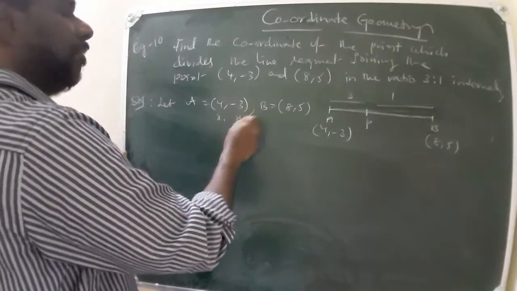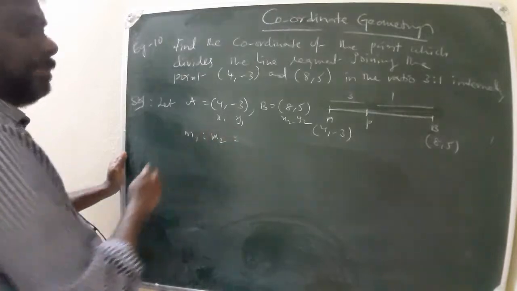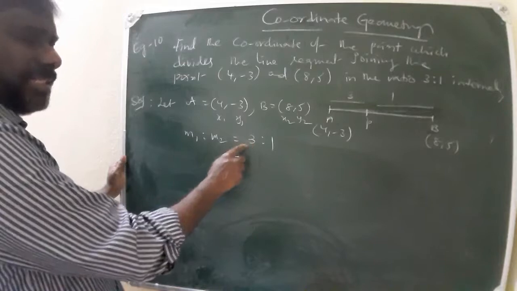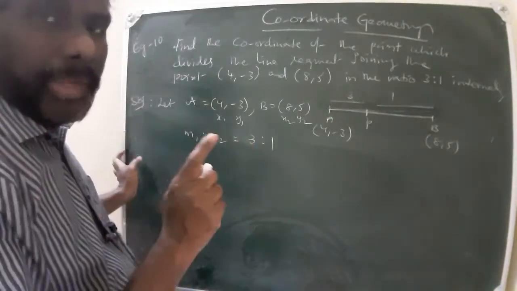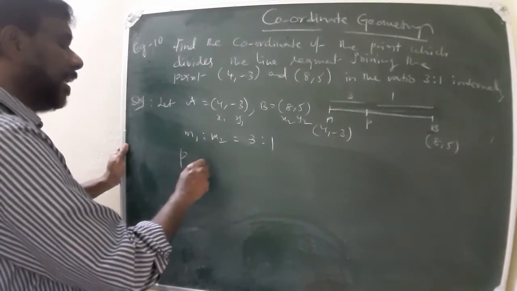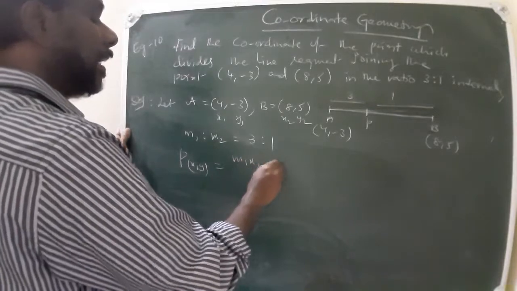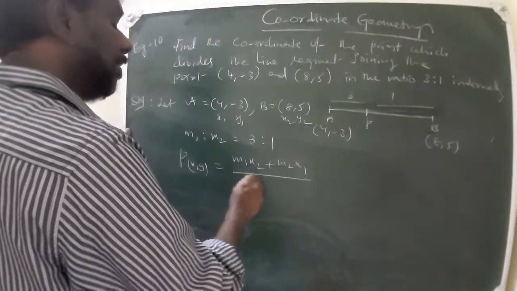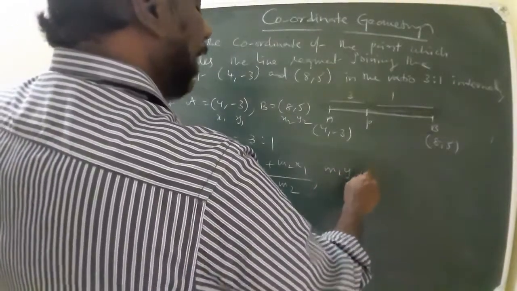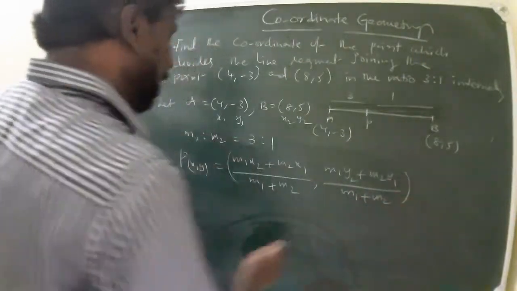This is x1, y1, and this is x2, y2. m1 is to m2 is 3:1, so m1 means 3 and m2 means 1. Now write the internally dividing point formula: P(x, y) equals (m1 x2 plus m2 x1) by (m1 plus m2), (m1 y2 plus m2 y1) by (m1 plus m2).